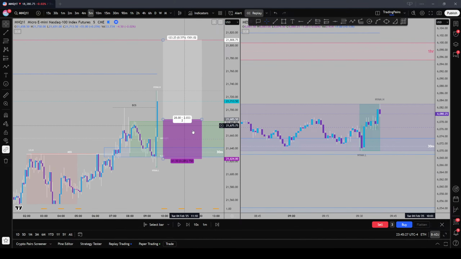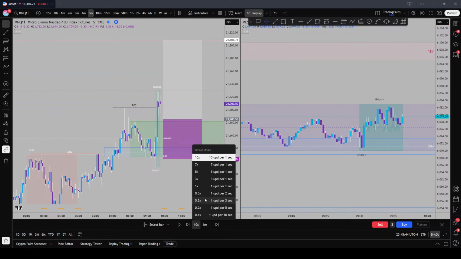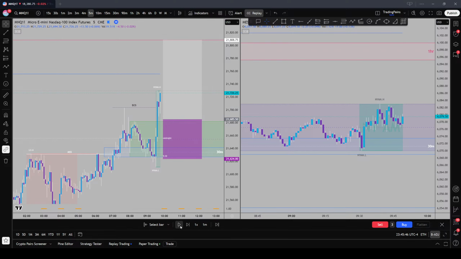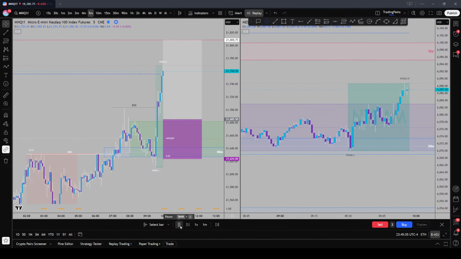Okay, so now next candle. If it lets me. Oh, did you see that? It actually plays the candle, like it forms it like that, which is kind of cool. I want it to come back first.